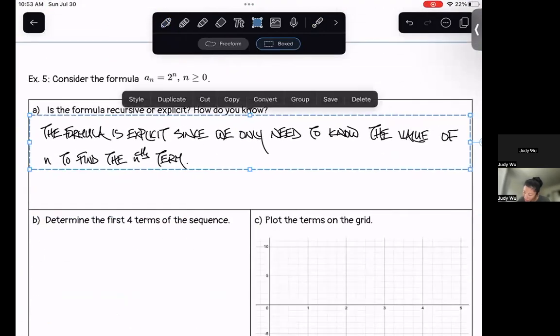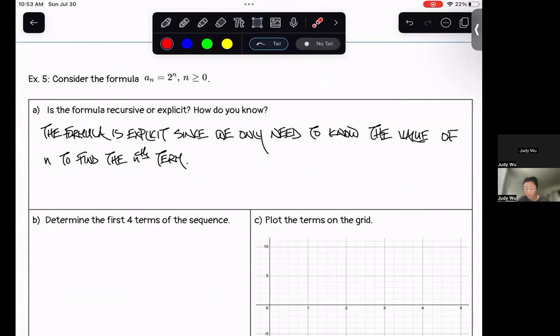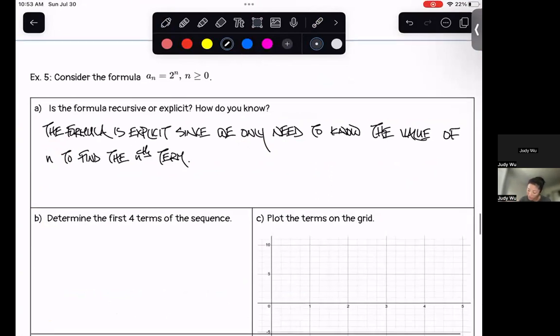This formula is explicit for the same reason. We only need to know the value of n to find the nth term, meaning if I wanted to find the 1000th term, just put 1000 in for n, done and done.